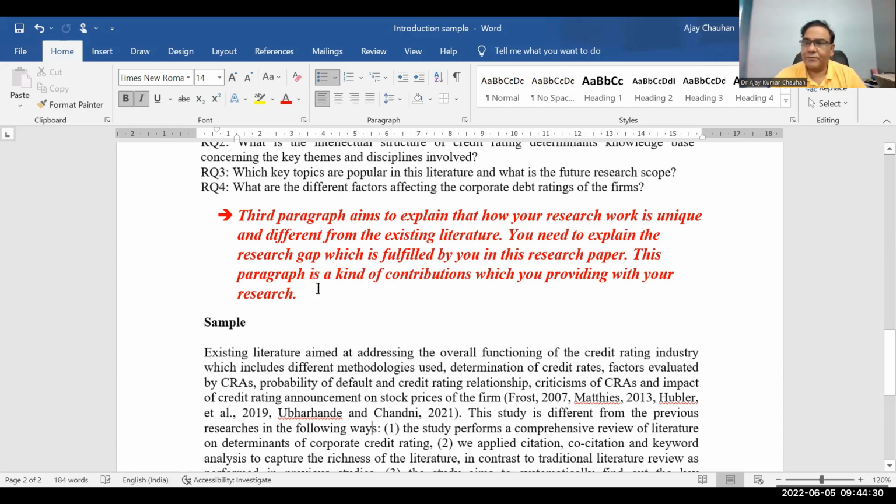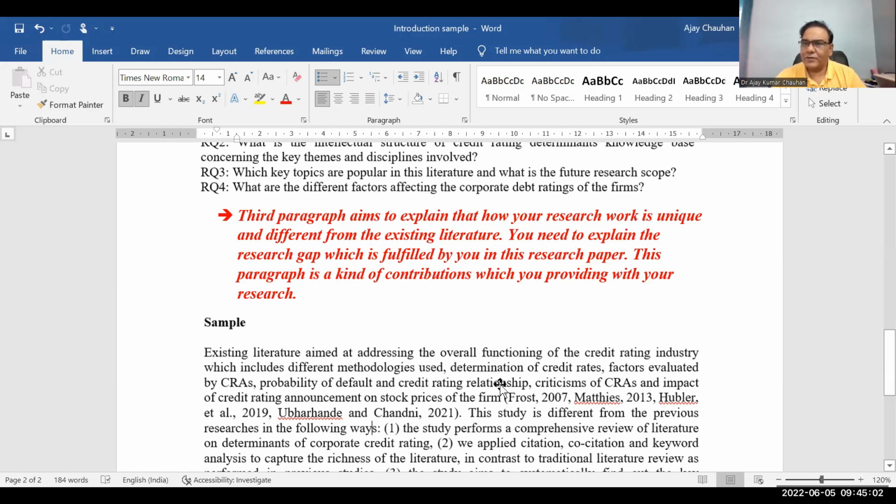So in the third paragraph, you are explaining how your work, whatever you do in your paper, is different from others, how it is different from the existing literature. So, this study is different from the previous research in the following ways. This line is important. Why? Because you are telling how your paper contributes differently from others.